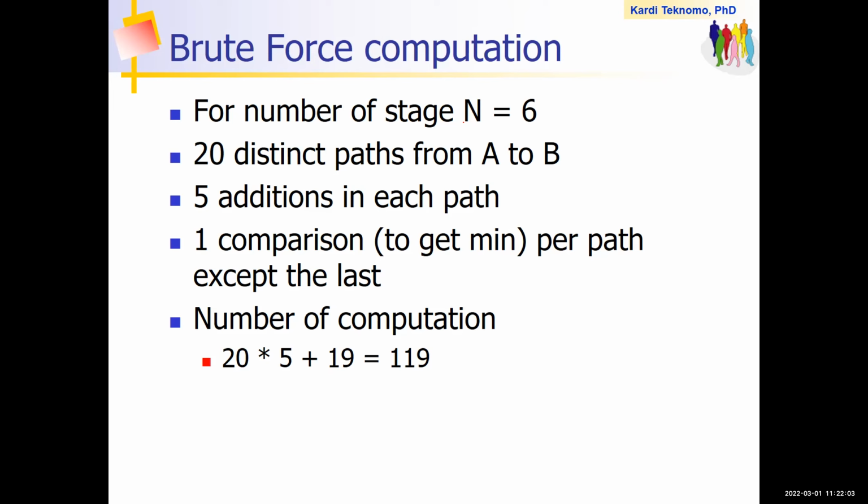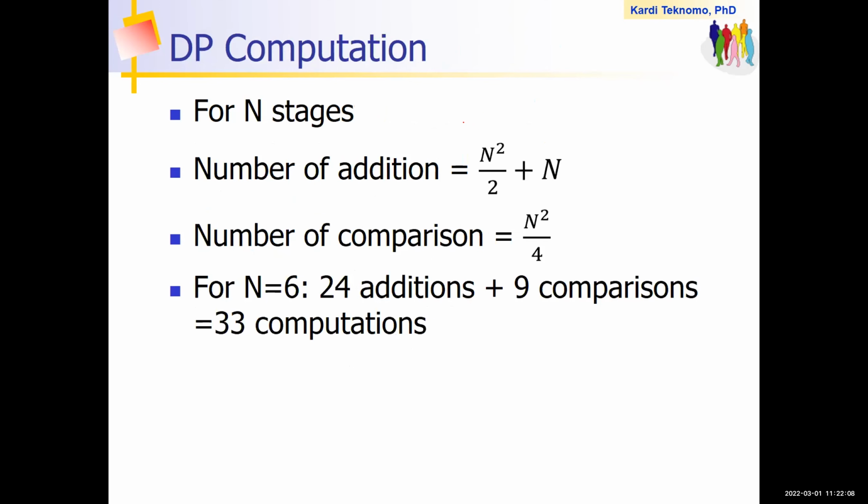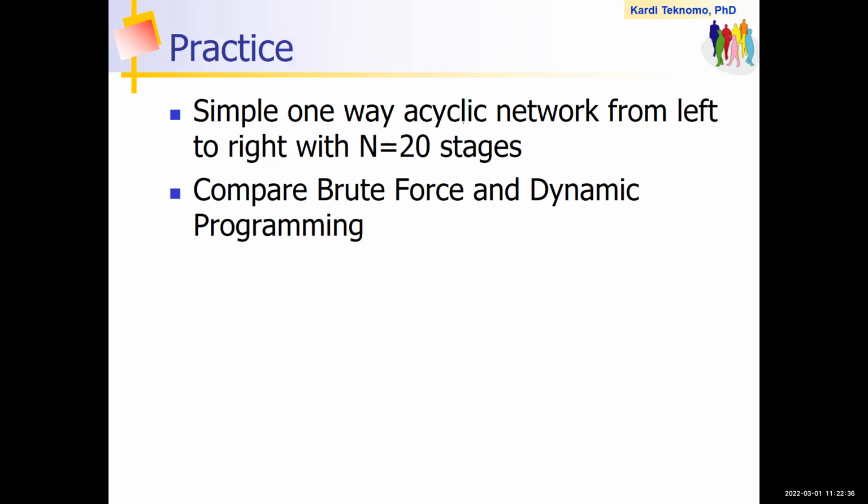That is the number of computations in brute force. So 119. Now, the dynamic programming in comparison, for n stages, the number of additions and comparisons uses this formula. You will see that we have only 24 plus 9, which is 33 computations. So 33 compared to 119. So much more efficient.